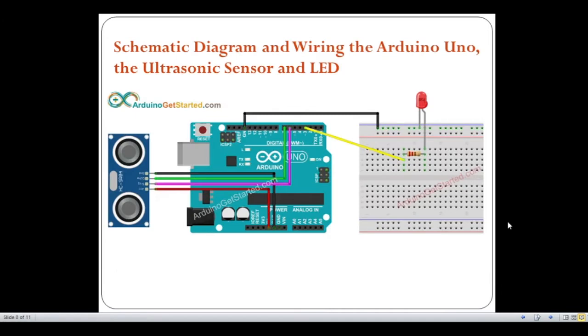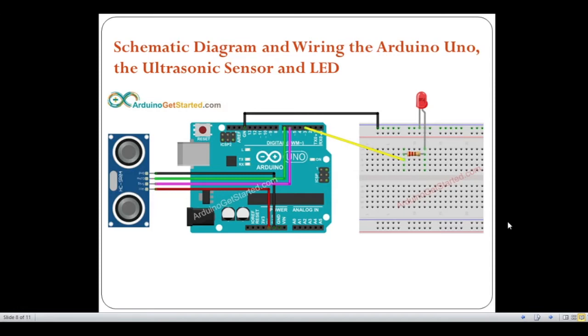Now, let us see the schematics. This is the schematic that we are going to be employing in our project. The schematics, diagrams and wiring in our Uno must follow this schematic, which was designed in Fritzing.